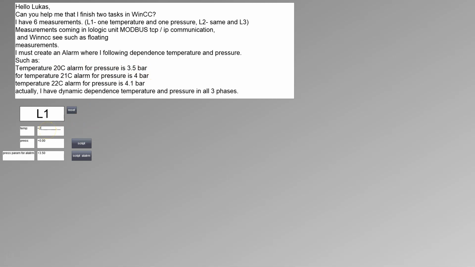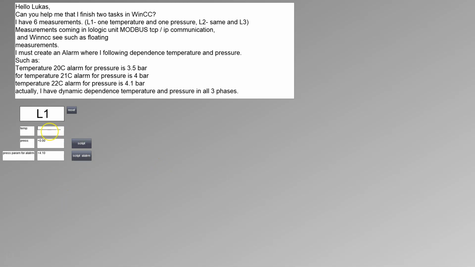After I put 21, after 5 seconds, I should have, yes, I have different parameter here. And let's say after I put 23, so it's greater than 21, it's 4.1. It's working. The first script is working.